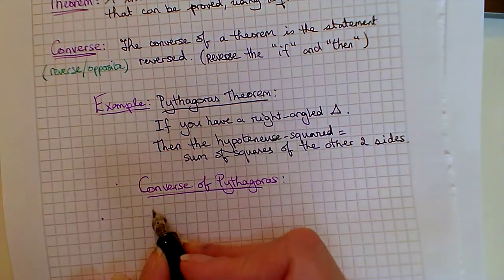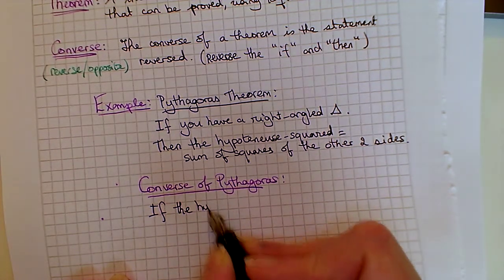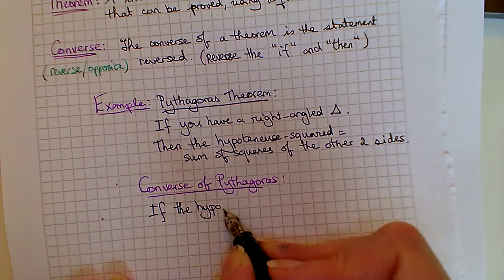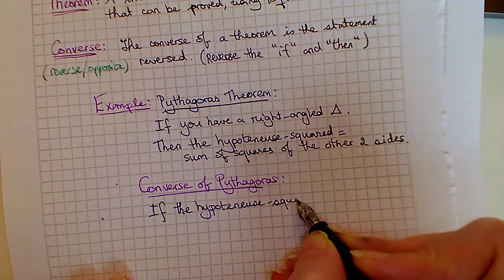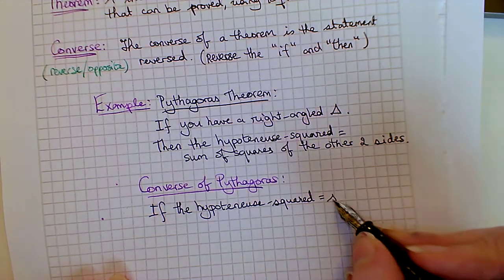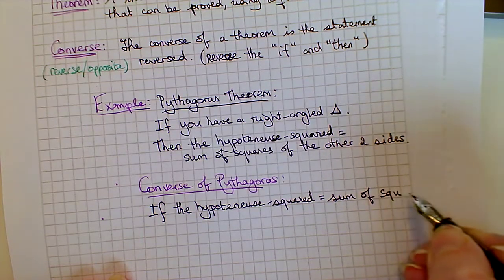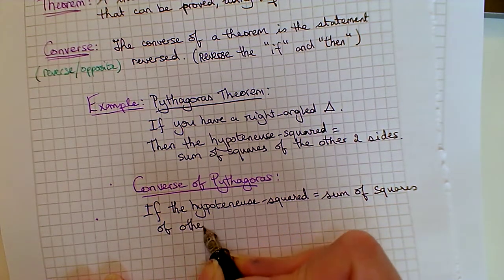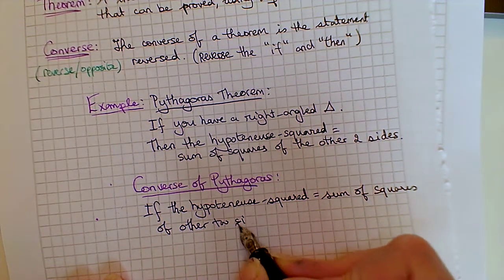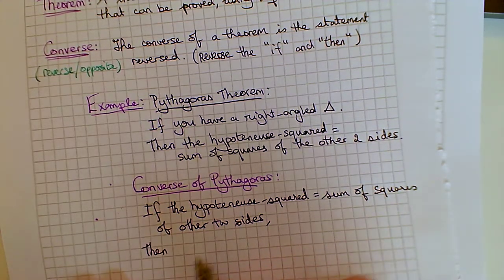It says that if the hypotenuse squared, or the longest side squared, is equal to the other 2 sides squared and added together, then you have a right-angled triangle.